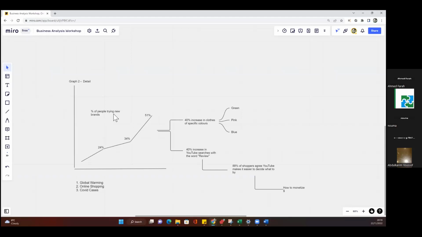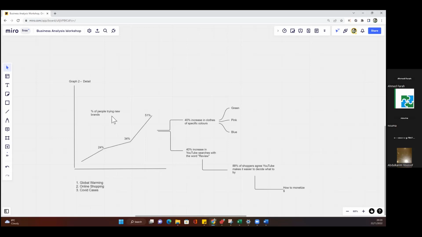This is the percentage of people that are trying new brands. It's a new phenomenon, because as statistics suggest, most people tend to buy brands they are familiar with, because they're comfortable with them. For example, someone who has an iPhone has generally had it for a number of years.